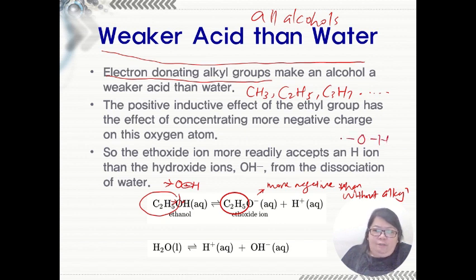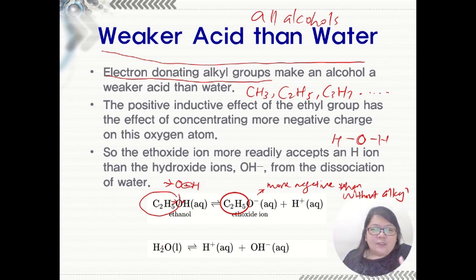In water, you have H2O, so there's no alkyl group, there's only H. So this O is more negative than the O in water, which also leads to the instability of this alkoxide ion. If this is very negative, it will always grab, accept a proton from the solution and reform the molecule. So we are going to have lower concentration of hydrogen ion.